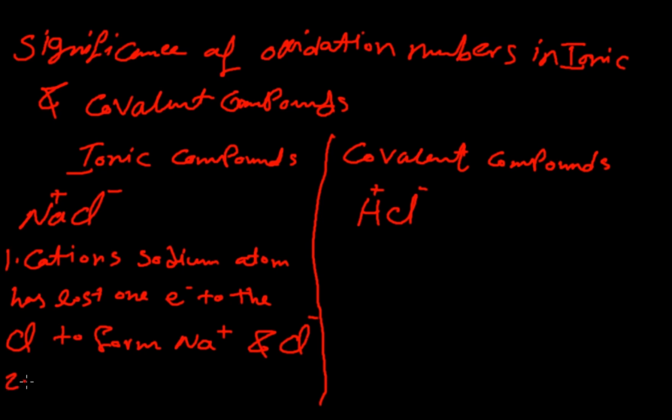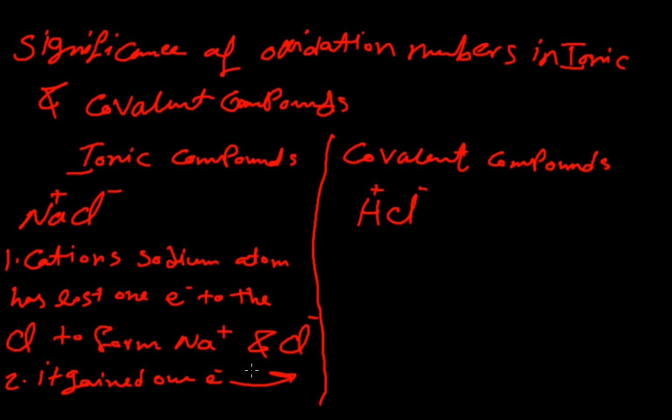And for the chloride ion, it gained one electron so that it formed the chloride anion as we see here.